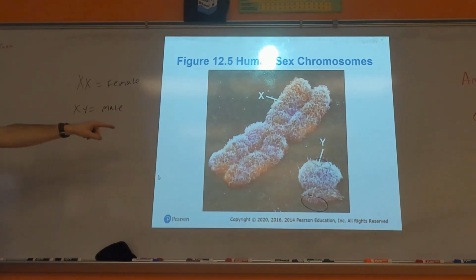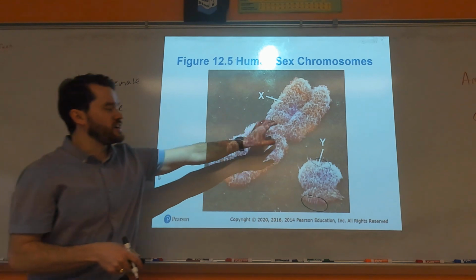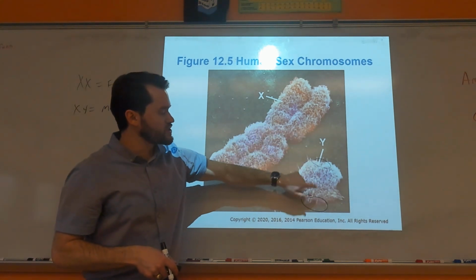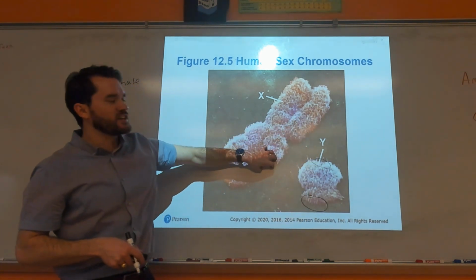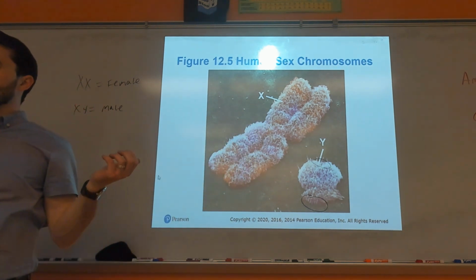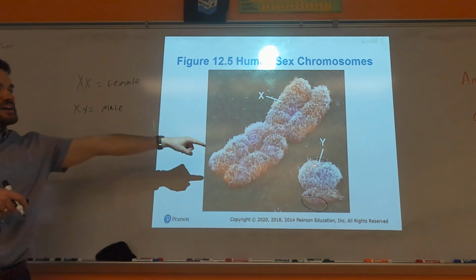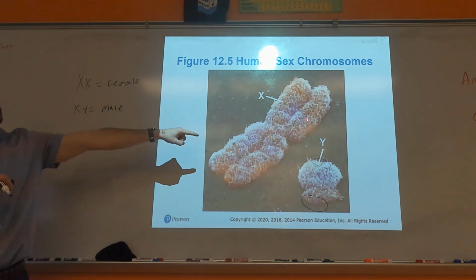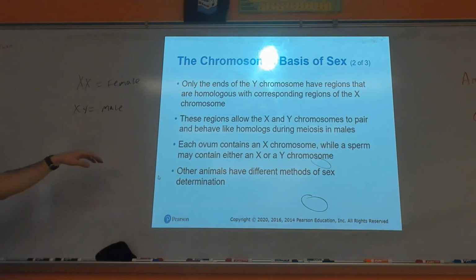The male's top and bottom portions would want to match up so they can be linked together during meiosis. During crossing over, you'd want to make sure these can line up properly. That's what they mean by the Y chromosome having homologous portions. That's not super important to understand, but that is what they're trying to say there.